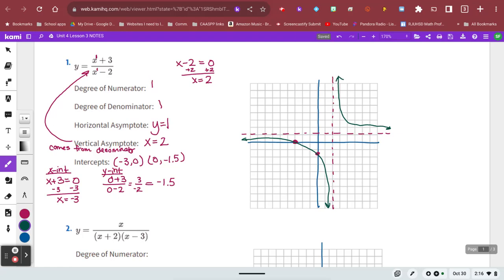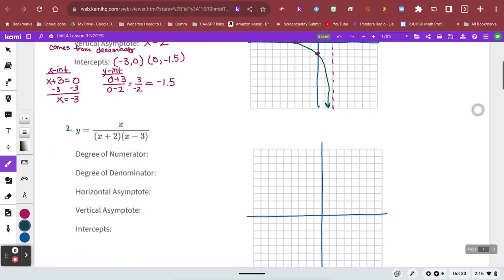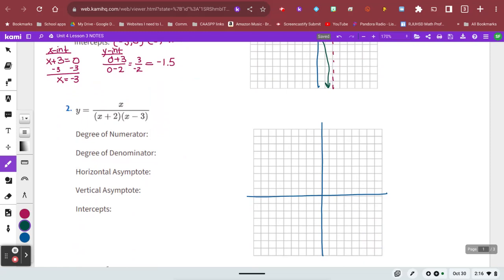Now we're going to find, and one of the nice things is that for the horizontal asymptote, if these two numbers were exactly the same, we're going to take the numbers in front and divide. Now here we can see the degree of our numerator is 1.